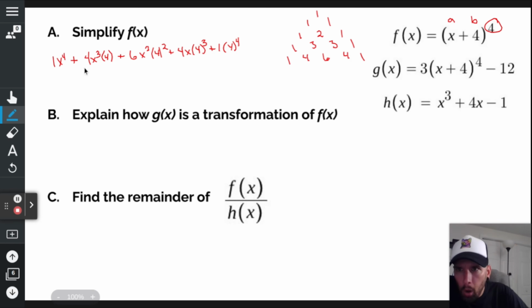Okay? 1x to the fourth is regular x to the fourth. 4 times 4 is 16, so plus 16 x to the third.